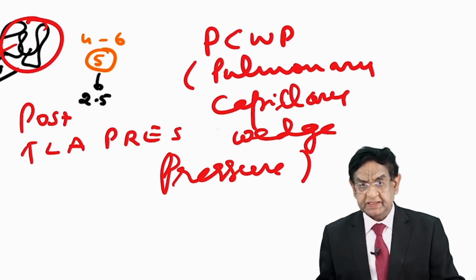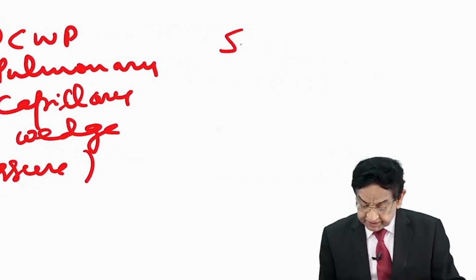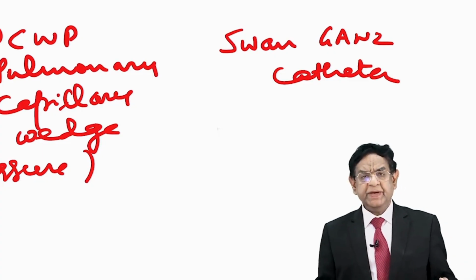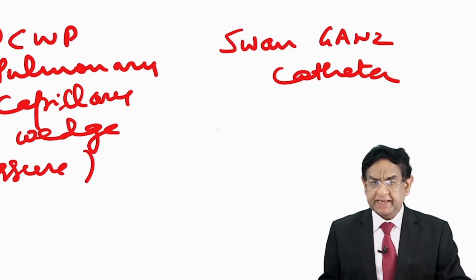And this we can check by Swan-Ganz catheter. So here we get PAH because of increased LA pressure.